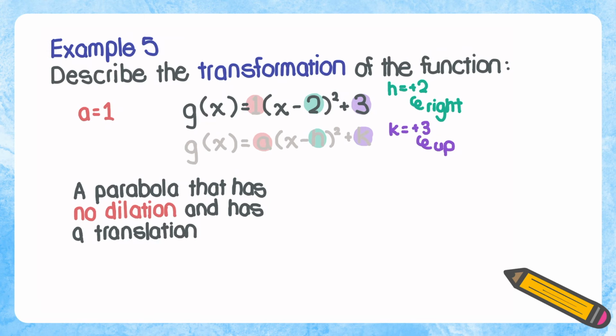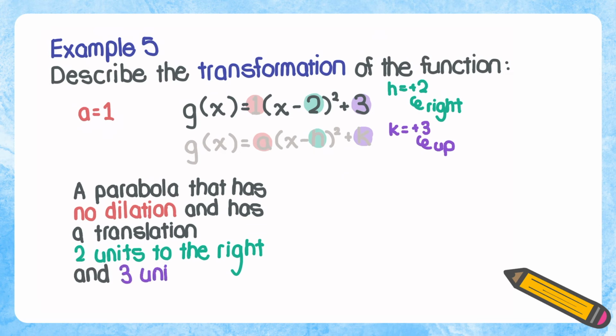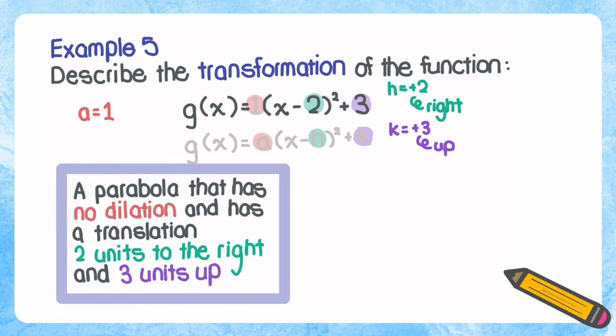In which direction is the parabola going to move? We will move 2 units to the right because h equals positive 2, and also 3 units up because k equals positive 3. We have a parabola that has no dilation and has a translation 2 units to the right and 3 units up. So let's look at the graph for this.